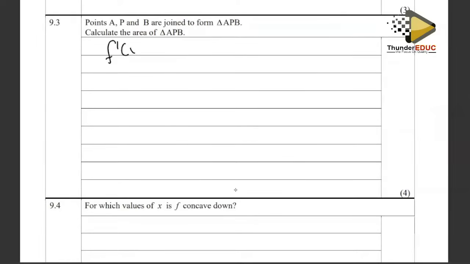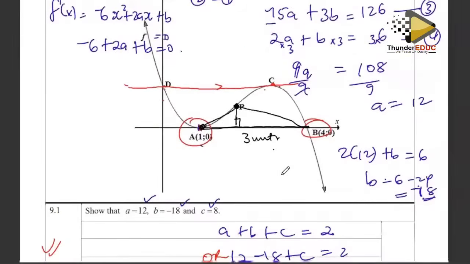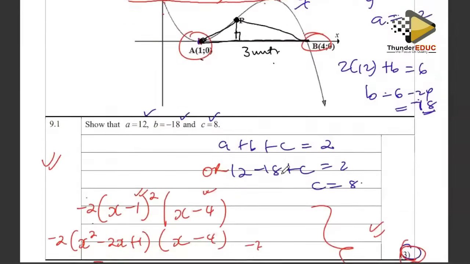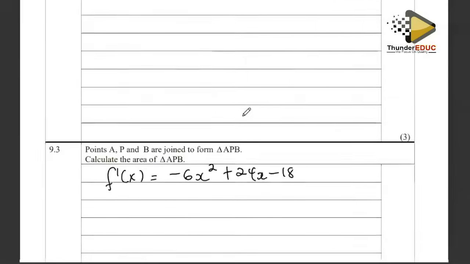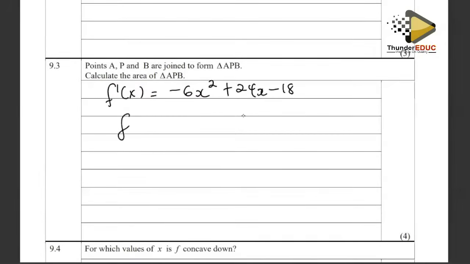So my first derivative is going to be negative 6x squared plus 24x minus 18. Is it minus 18 or plus 18? Because we said b is a minus 18. Okay, it's a minus 18. So if that's the case, then our second derivative is going to be negative 12x plus 24. Equate that to 0, meaning that x is going to be a positive 2.